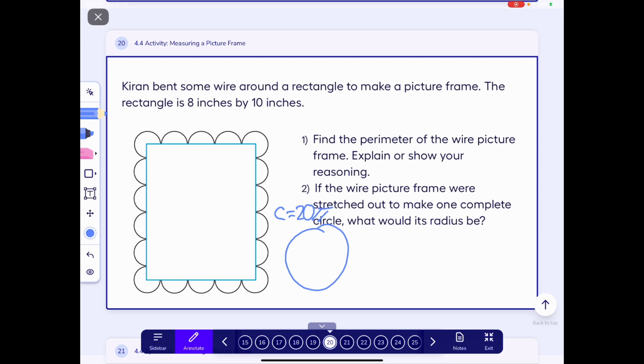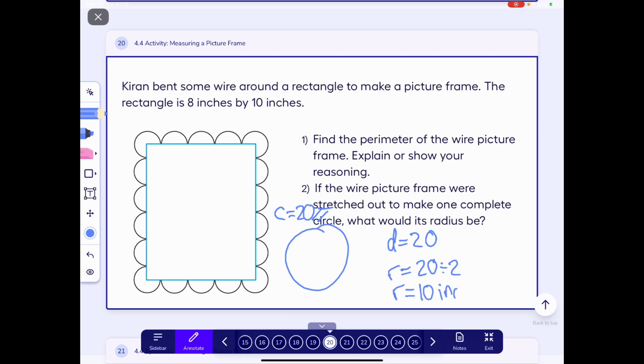Well, if the circumference is 20 pi, then we know that the circumference is the diameter times pi. So diameter is 20. And we know the radius is half the diameter. 20 divided by 2, the radius is 10. 10 inches.